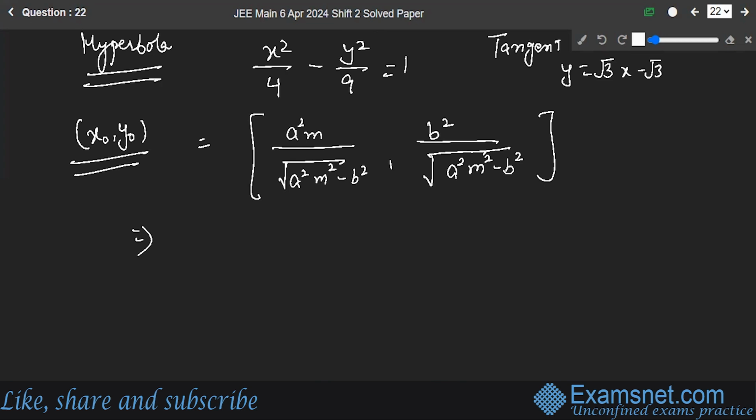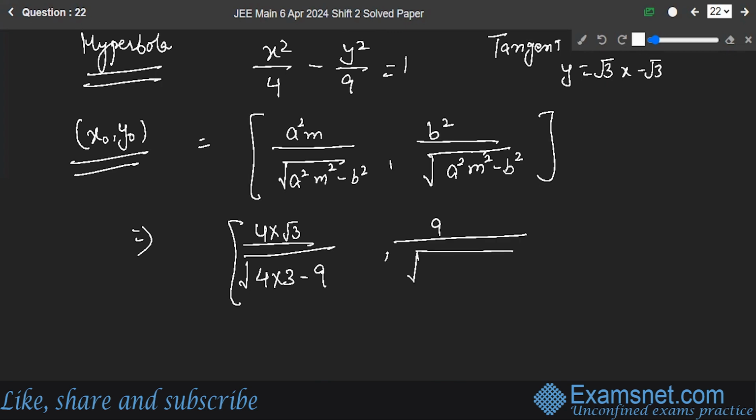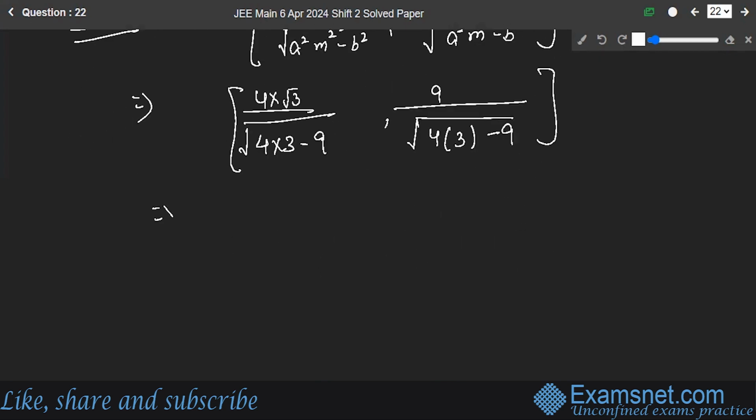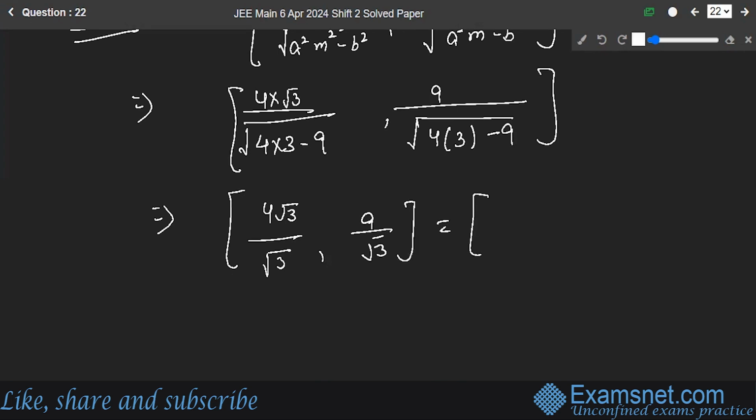Correct. So what is your a square? That is equal to 4. m is root 3. Root of a square into m square minus b square, comma, b square is 9. Root of a square into m square minus b square, and this is the same, right? So you will have here 4 root 3, and here you have root 3 and the same thing. So this coordinate will be 4, 3 root 3. This is your x naught and y naught.